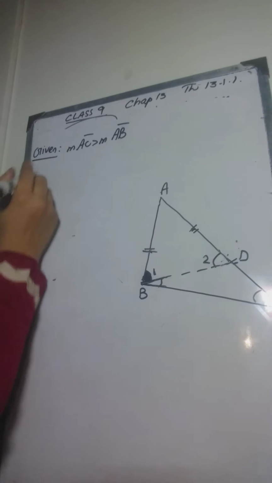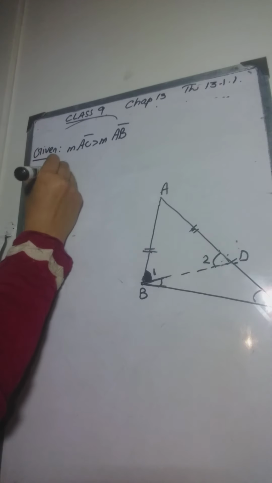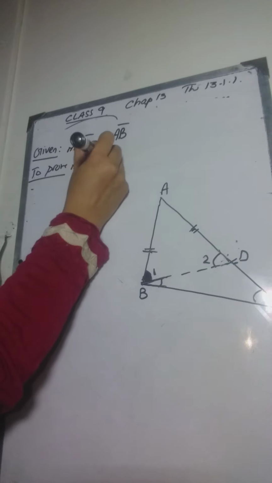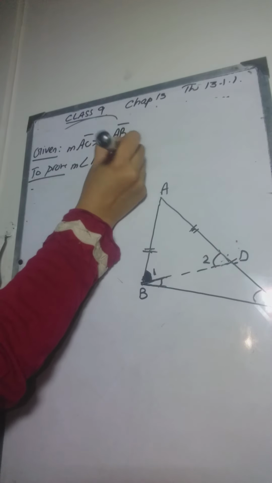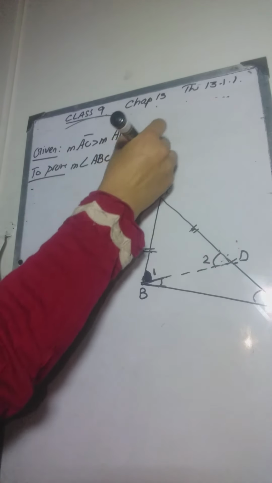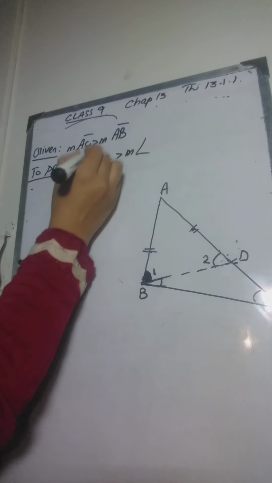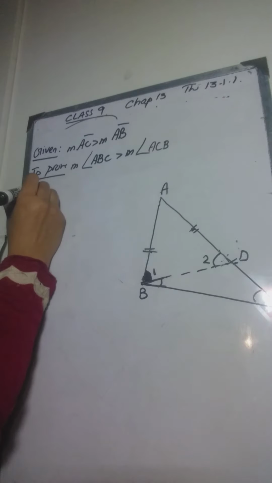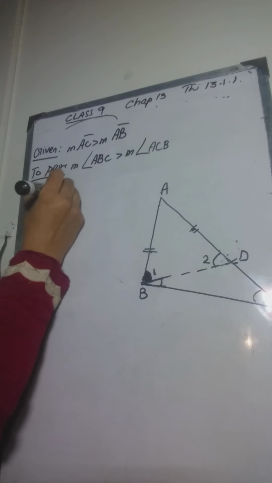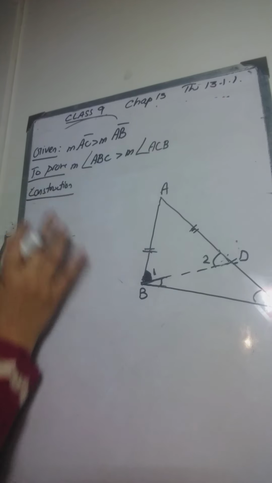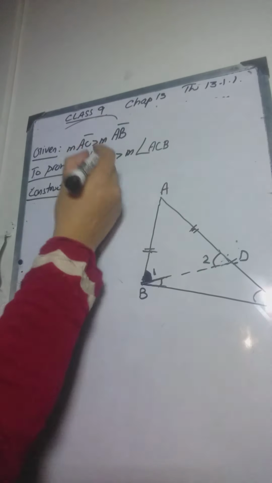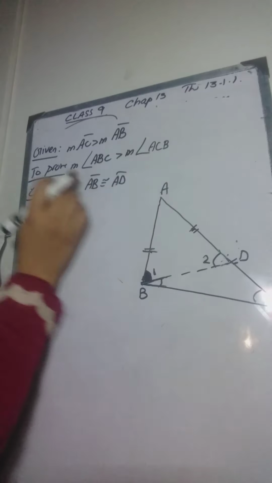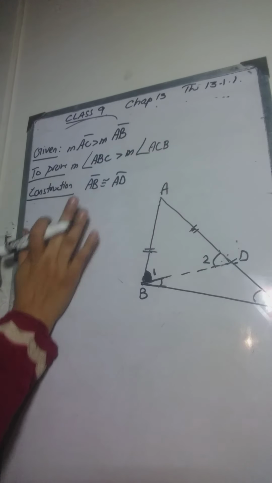We have a triangle ABC and we need to prove that measurement of angle ABC is greater than measurement of angle ACB. And we have done the construction also, and the main thing that we are going to use is that AB is congruent to AD.